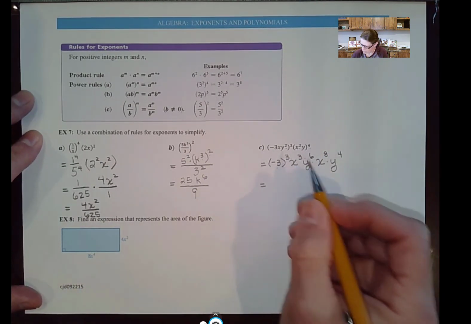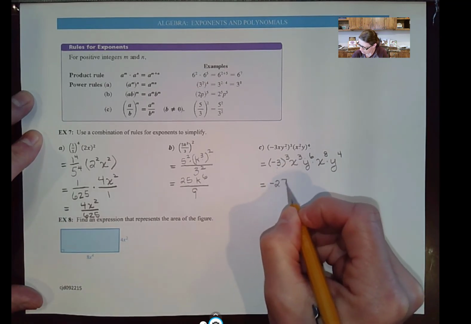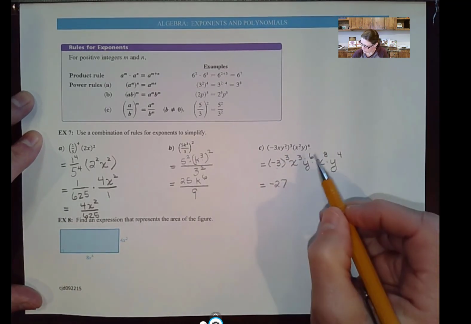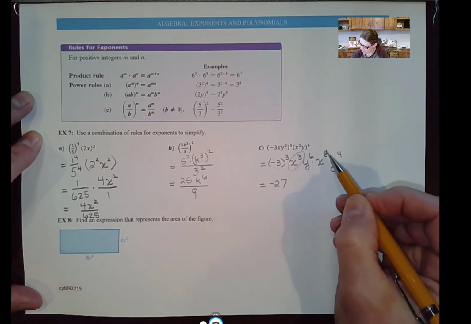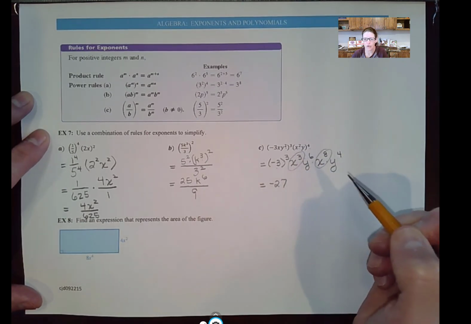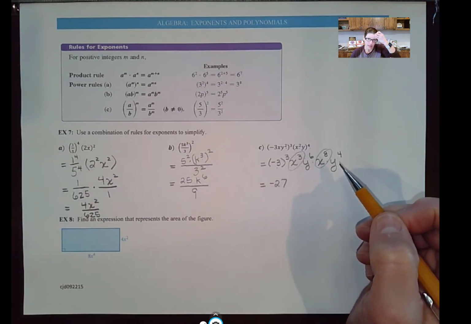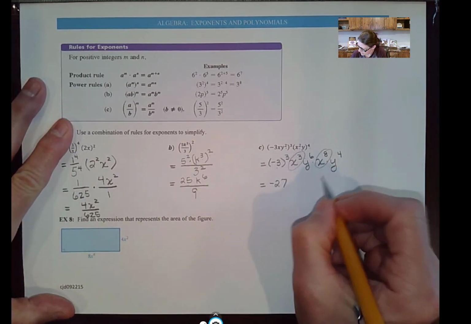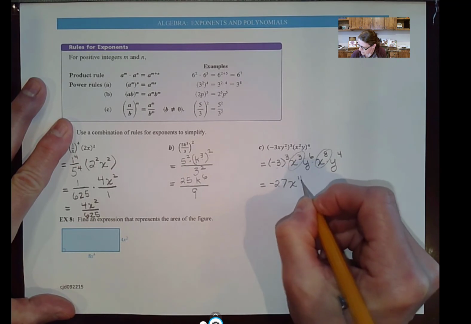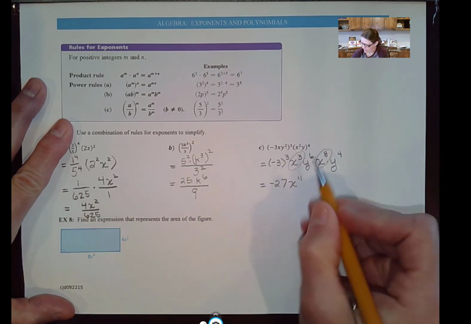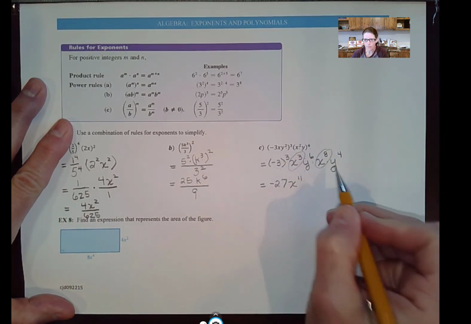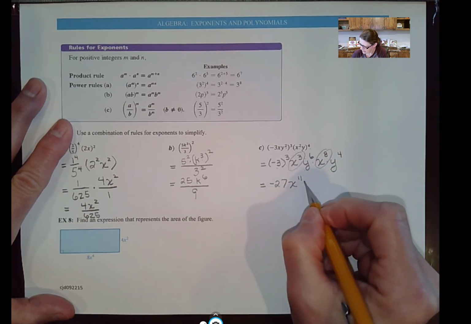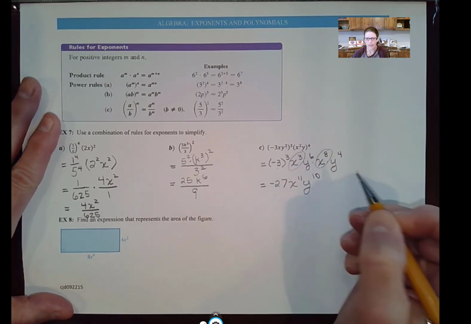Negative 3 cubed is negative 27. I'm going to use my product rule with x to the 3rd times x to the 8th. Adding exponents, that gives x to the 11th. And similarly with our factors of y. 6 plus 4 is 10, so we've got a y to the 10th power.